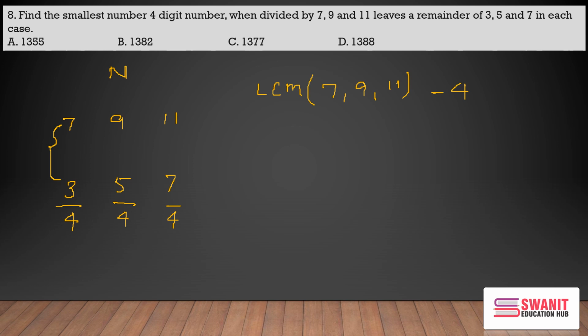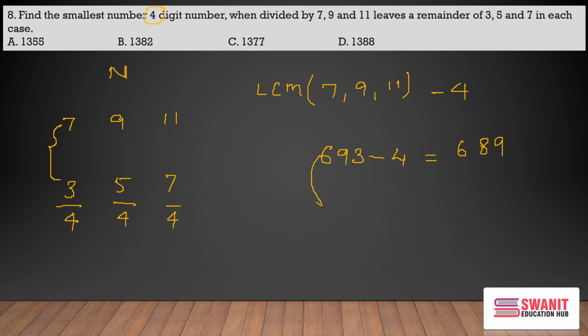Now, the LCM of 7, 9 and 11, because these three are co-prime numbers, is the product of 7, 9 and 11, which straight away gives 693, minus 4, and therefore I come across 689. But the point is, in this question, we are also talking about a four-digit number.